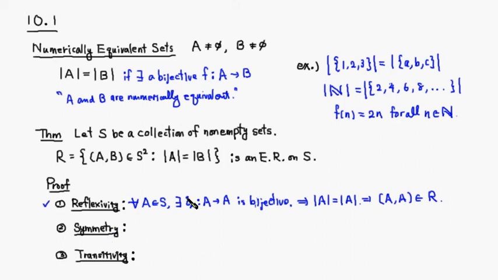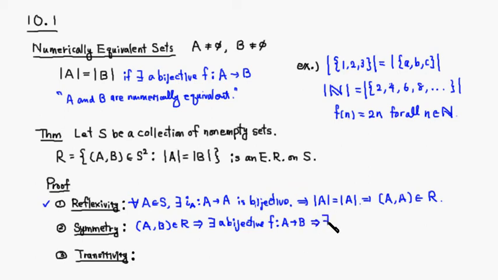Let's look at the symmetry. Say A is related to B by this relation, which means A and B are numerically equivalent, so there must be a bijective function f from A to B by definition. If you have a bijective function, you can find the inverse function.